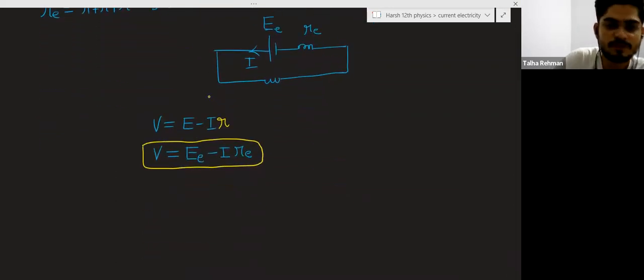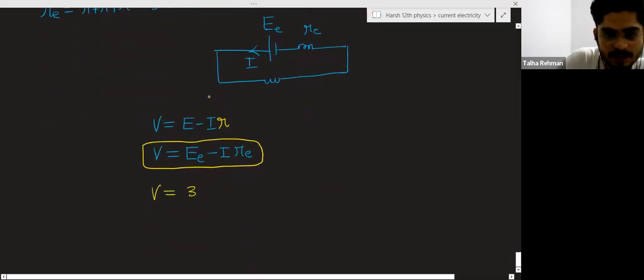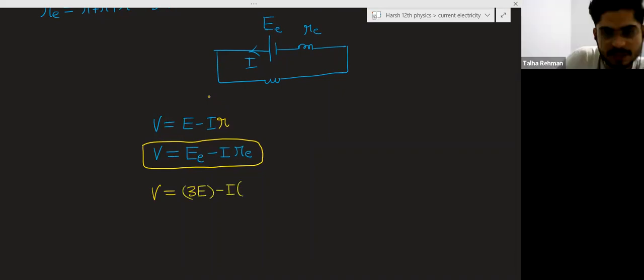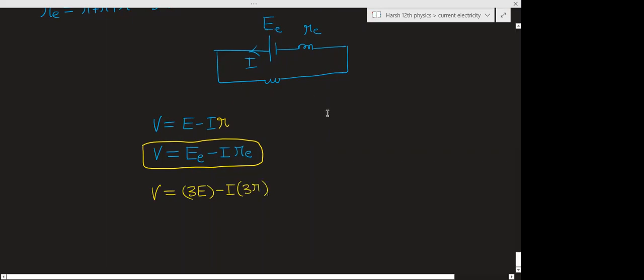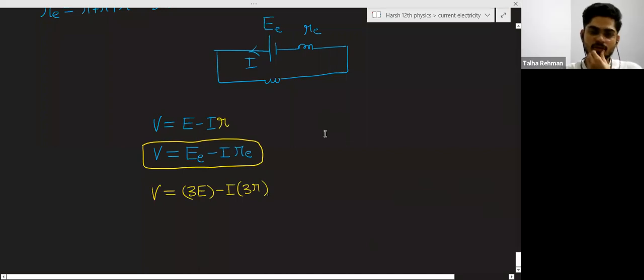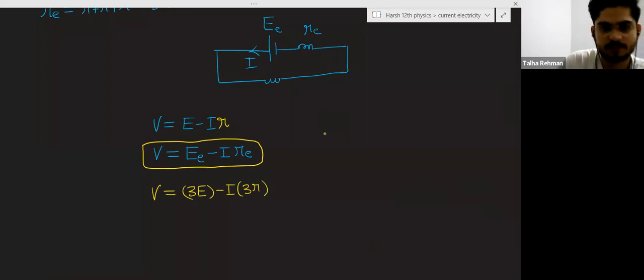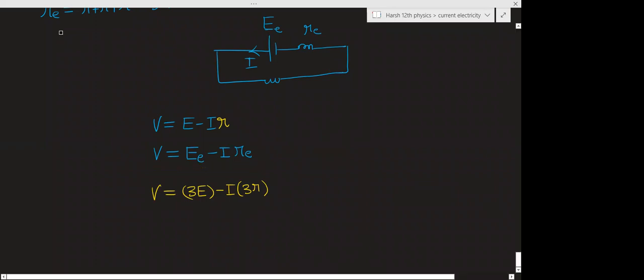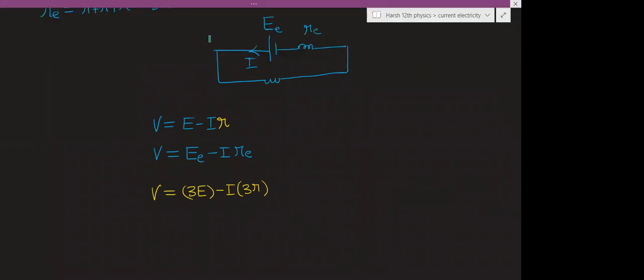What is the value of E equivalent? This is 3E. And what is r equivalent? 3r. So this is our main equation now.